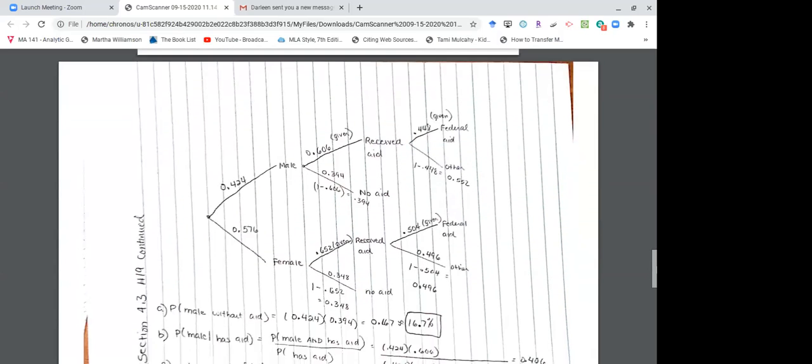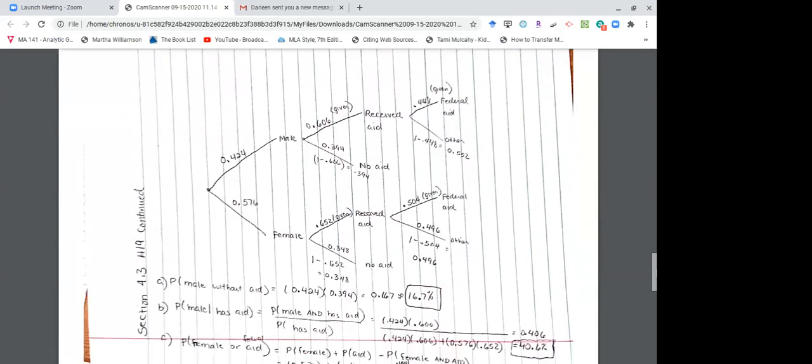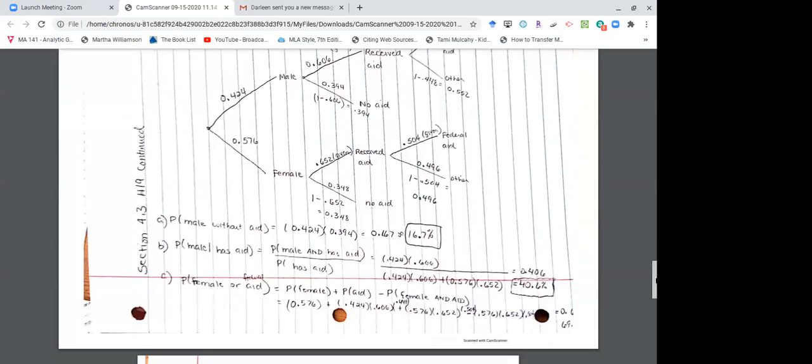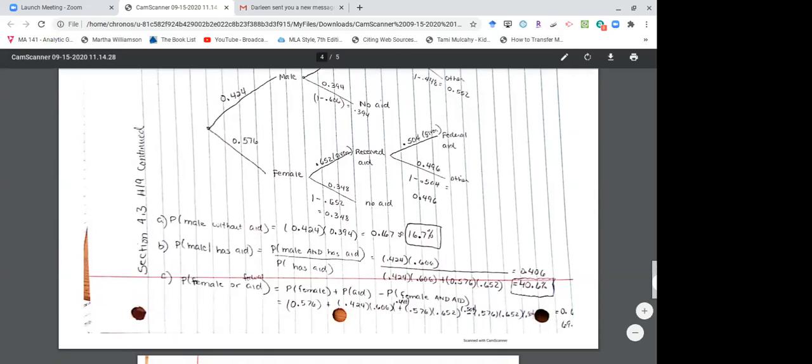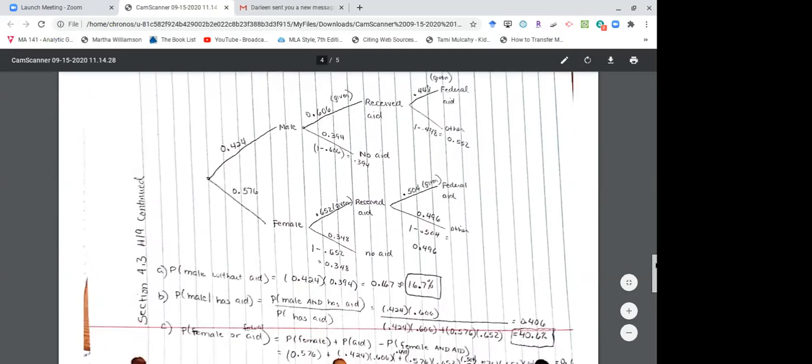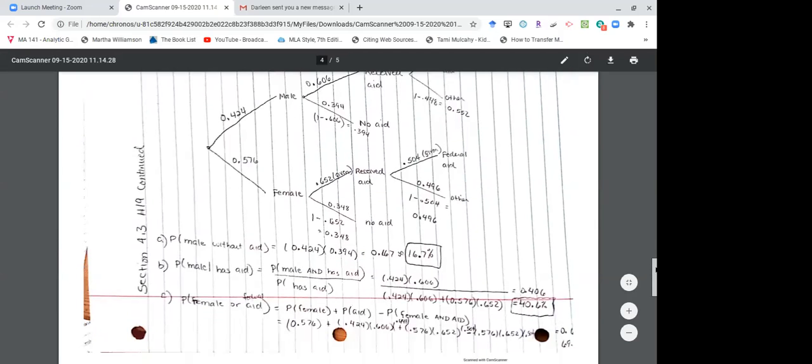So you'll see on the next page, I have the tree diagram for you. And I have the percentages listed. Once again, if you need the PDF, we can provide that for you. But this first section is probability of a male without aid.